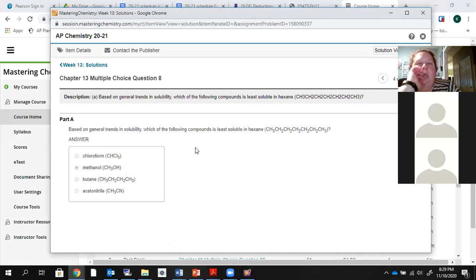So if we're looking for least soluble in hexane, pretty much anything that has just carbons and hydrogens in it like this is going to be nonpolar.